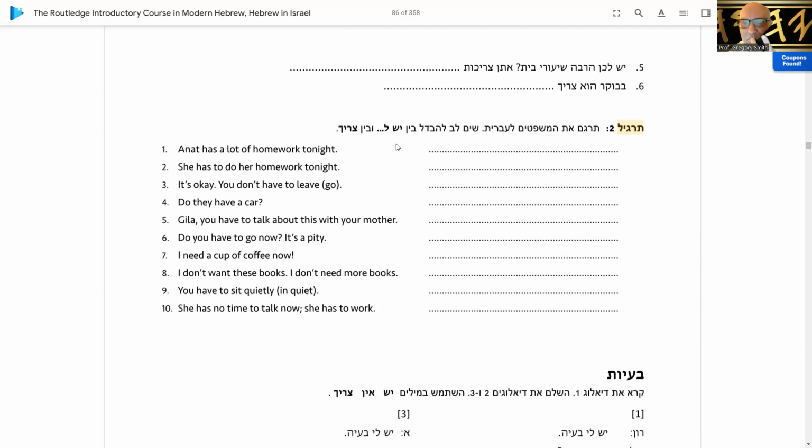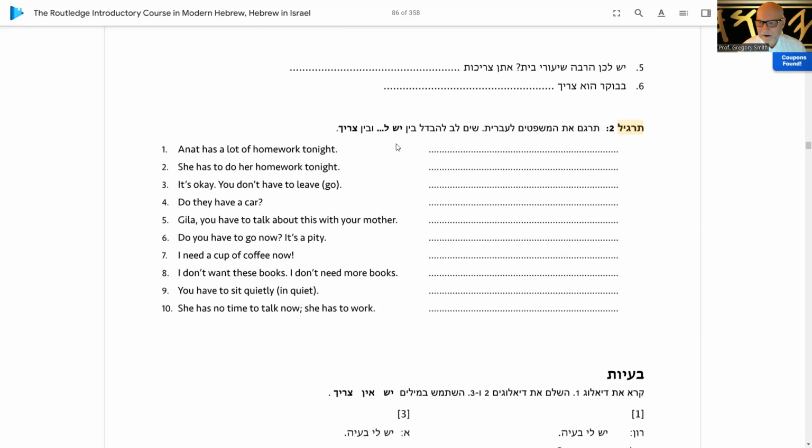גם את המשפטים לעברית. I think that's Targum, I bet you it's Targum. Yeah, translate the sentences into Hebrew. That's right. תרגם את המשפטים לעברית.